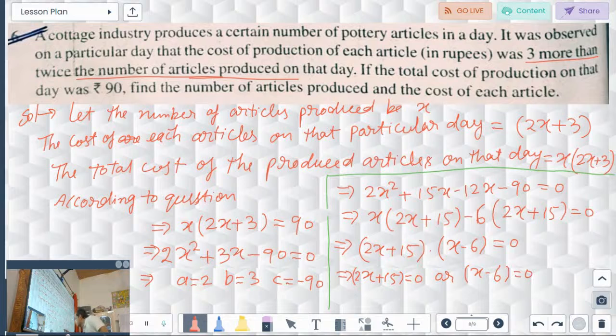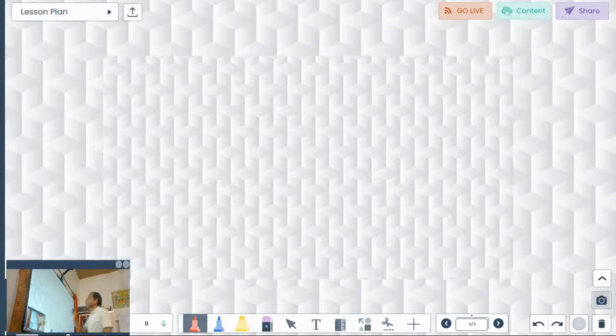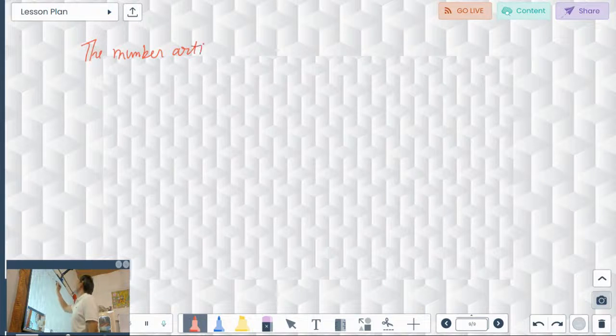Now x equal to minus 15 by 2, okay. Now x equal to 6, okay. Now ignore the negative, okay. So x, the number of articles, is 6, okay. Now the number of articles is 6.